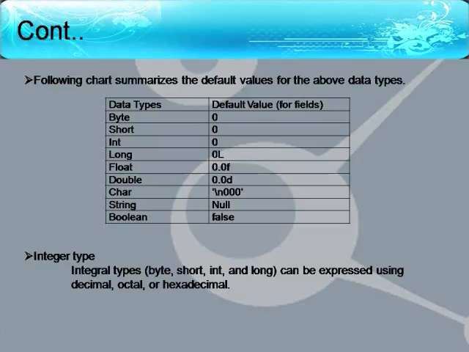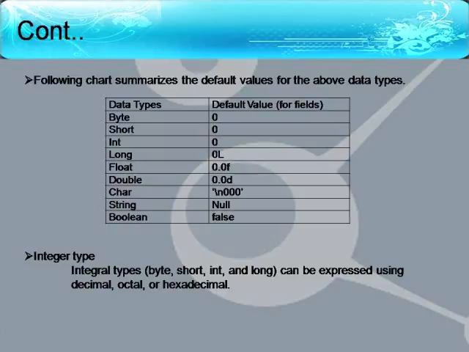First, byte. The byte data type is an 8-bit signed 2's complement integer. It has a minimum value of -128 and a maximum value of 127 inclusive.